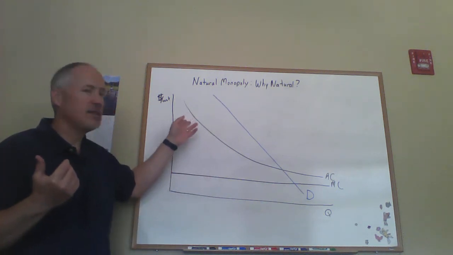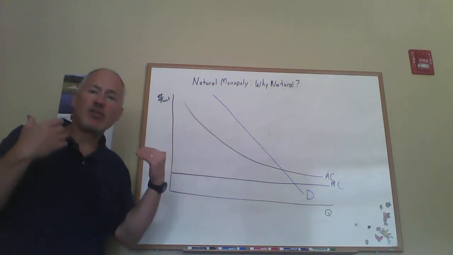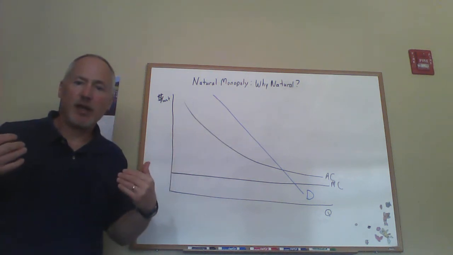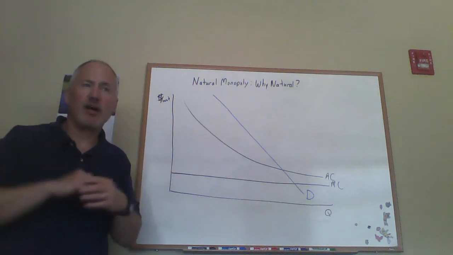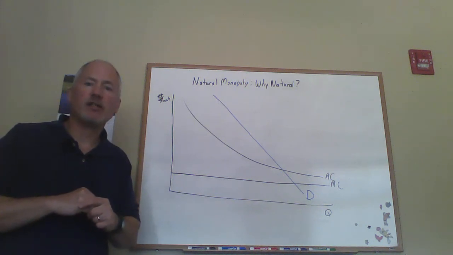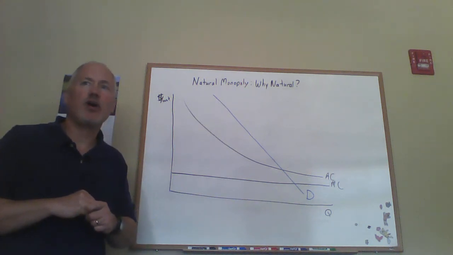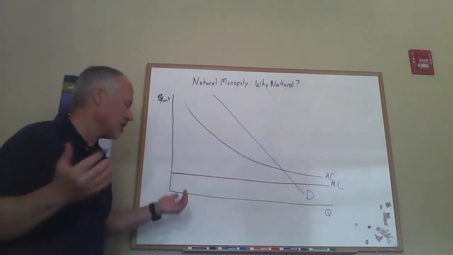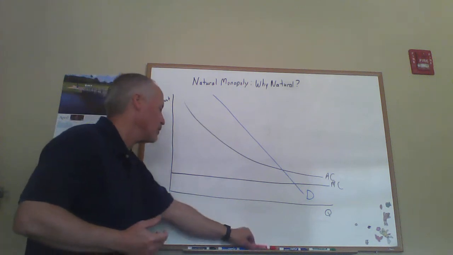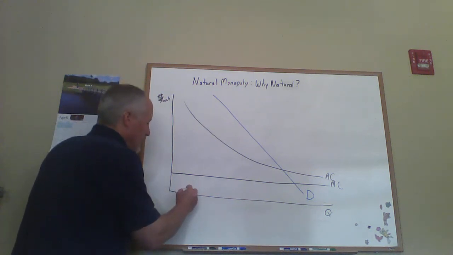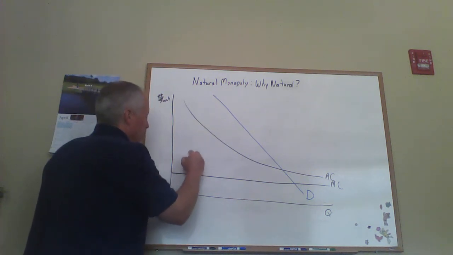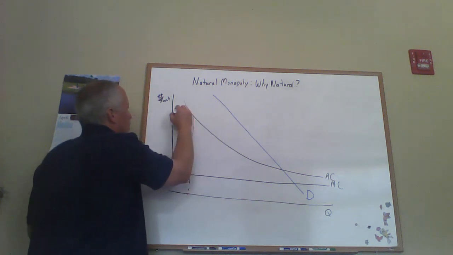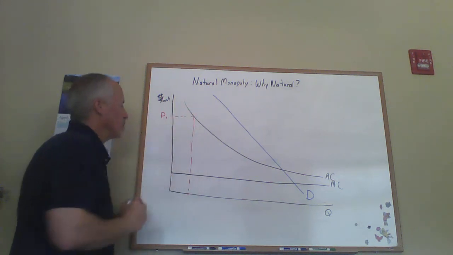If one firm gets to be bigger than the other firms here, they have a lower cost per unit. They can charge a zero profit price, a price that allows them to cover their costs, but it would be lower than the price that their competitors could charge. So if you had a bunch of firms all operating off their average cost curve, they'd all have to be charging a price of P1.